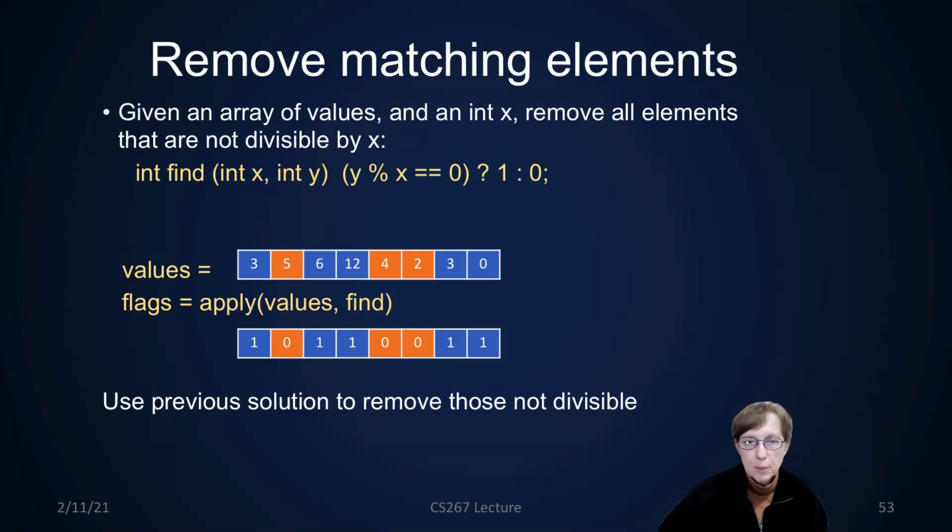And so if we've got this input array values, we can then compute a flags array, which tells us whether it's divisible by some particular value, let's say 3. So if we pass in find 3, that'll give us a flags array that marks the positions that are divisible by 3, and we use that to then remove the elements. We can compress them using this solution from the previous slide.